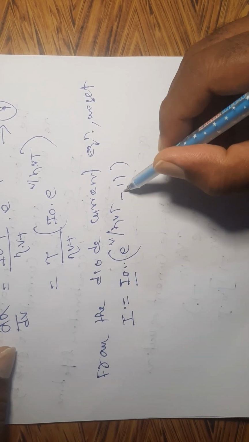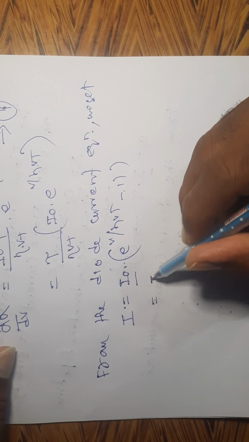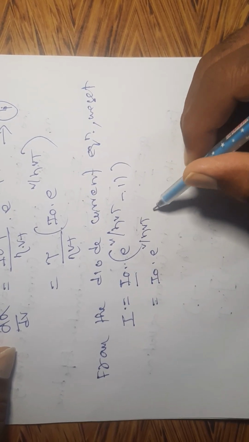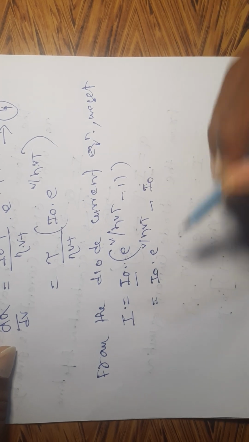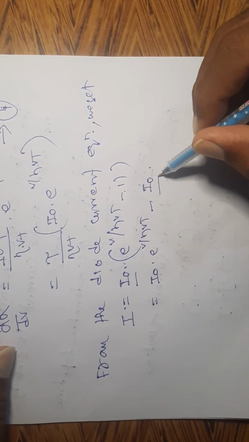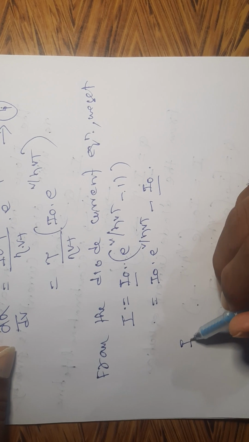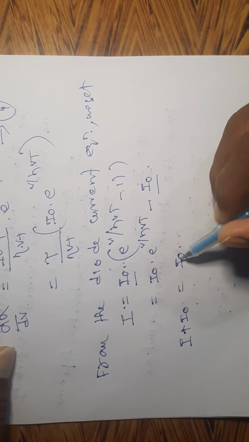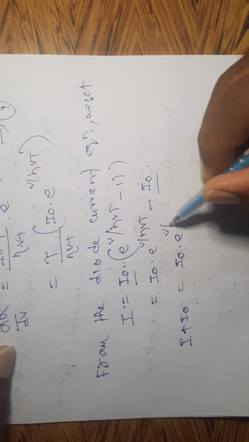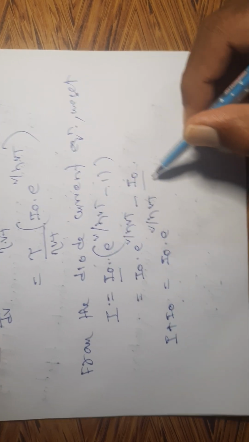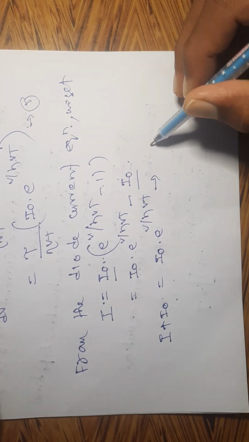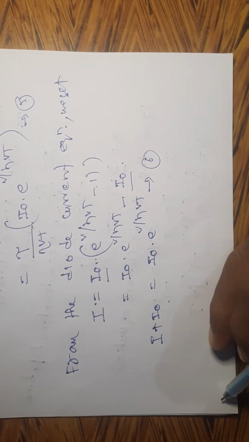Now this I0 goes to the LHS, so that I plus I0 equals I0 e^(V/ηVT). So now this is equation 5 and this is equation 6.